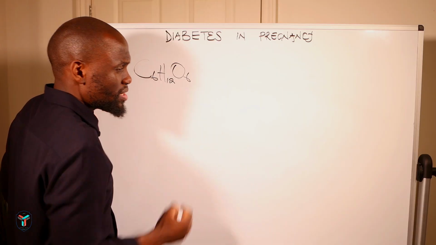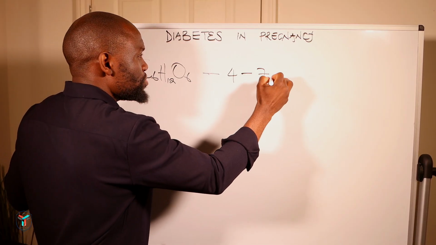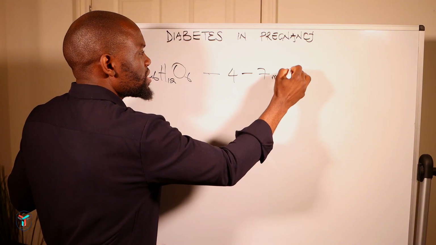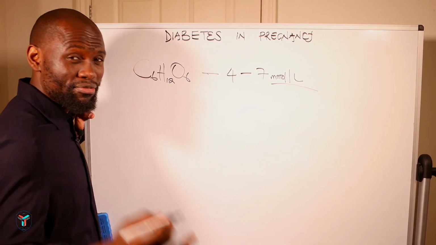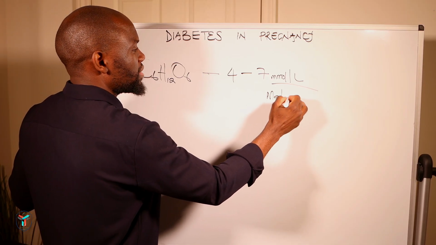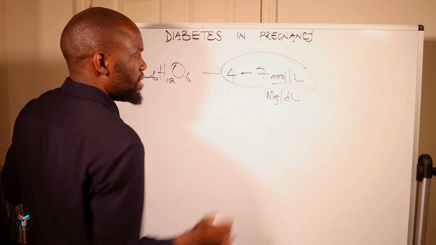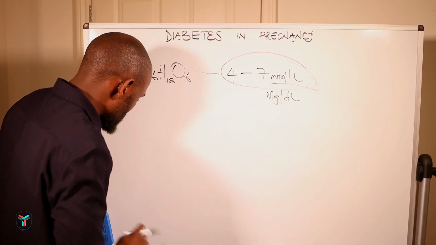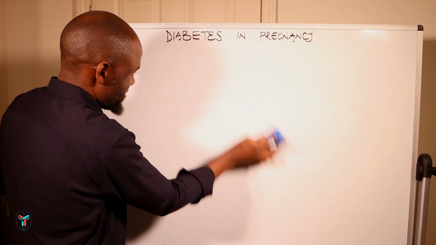We normally want this glucose to be around the range of about 4 to 7 millimoles per liter. It's usually measured in millimoles per liter, but if you are in the United States, you'll probably be using milligrams per deciliter. Otherwise, we tend to want it to be between 4 and 7 millimoles per liter. That is around the normal range.